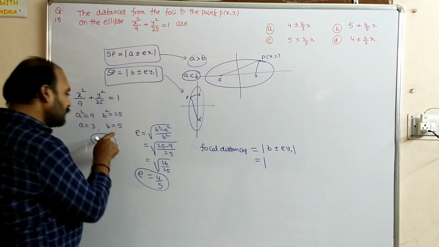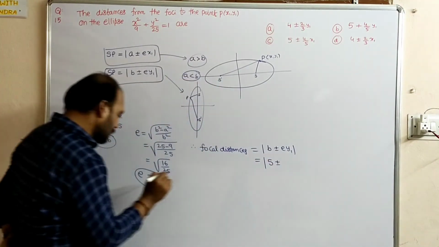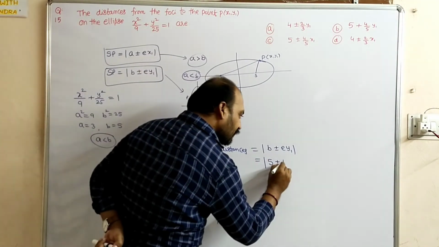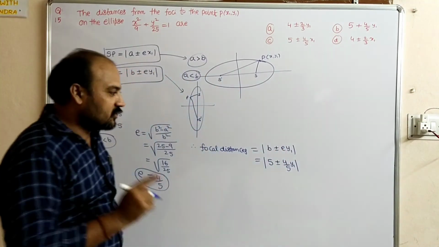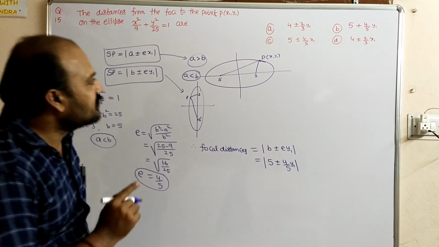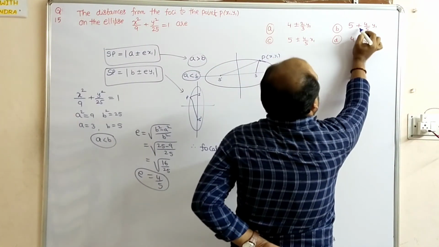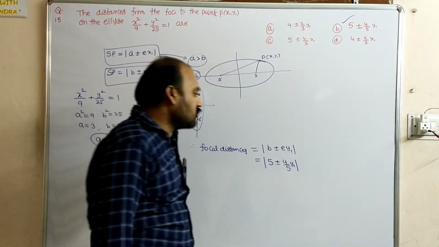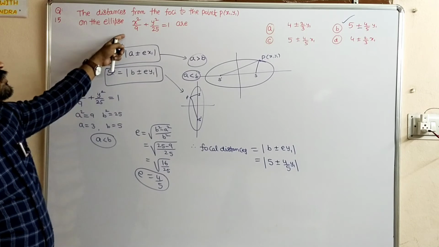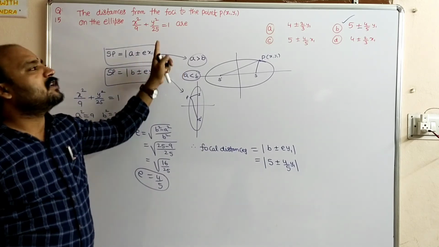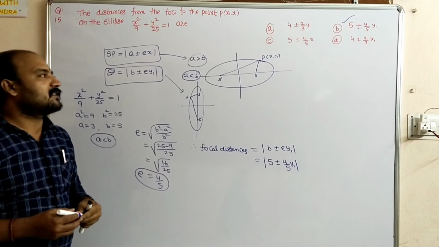What is B here? 5, plus or minus eccentricity value 4 by 5 into Y1. So 5 plus or minus 4 by 5 Y1, which is there in the second option. Suppose in this same question the A greater than B case comes, then you can apply the formula A plus or minus EX1.